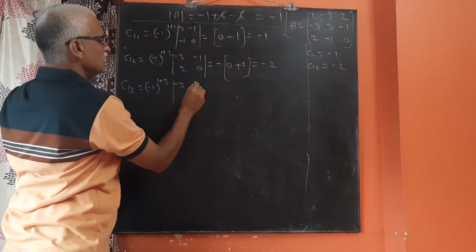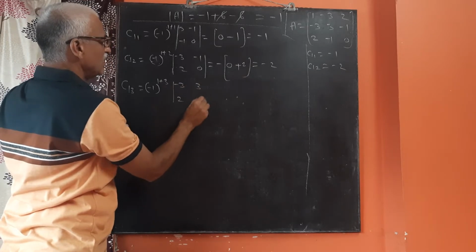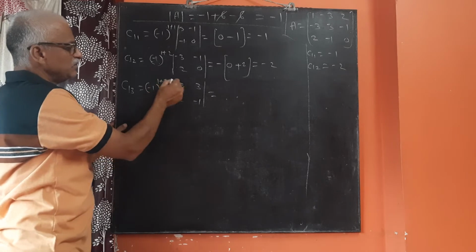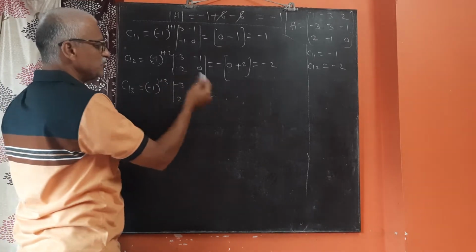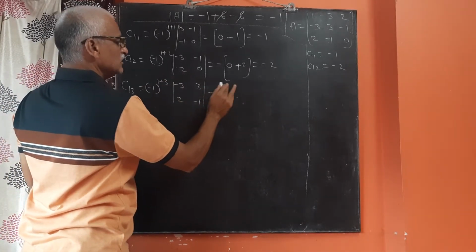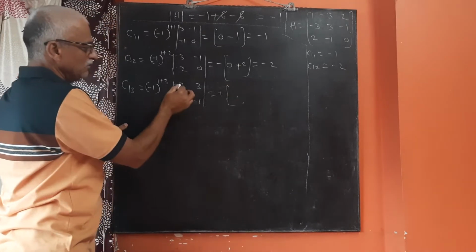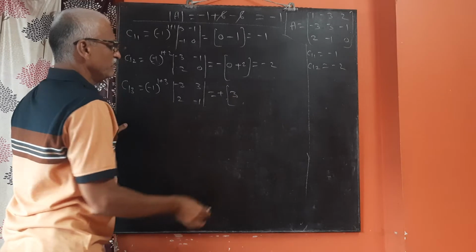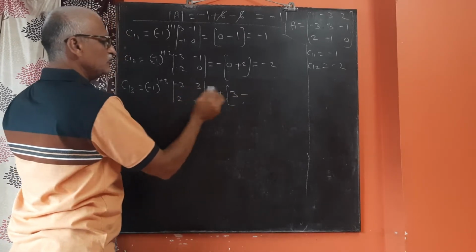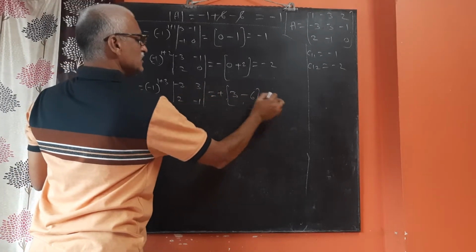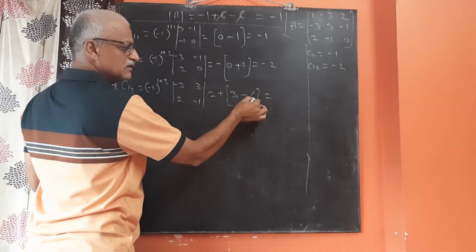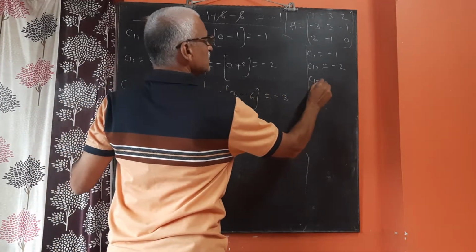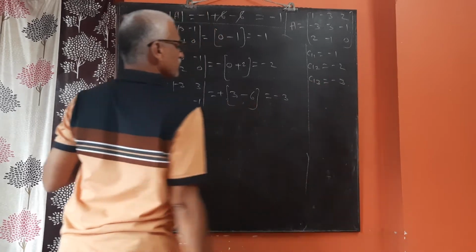Minus 1 raised to 1 plus 3, that means 4, so that is positive, into minus 3 into minus 1, minus minus plus, that is 3, minus 3 into 2 is 6, so it is equals to 3 minus 6, that means the value of C13 equals to minus 3.